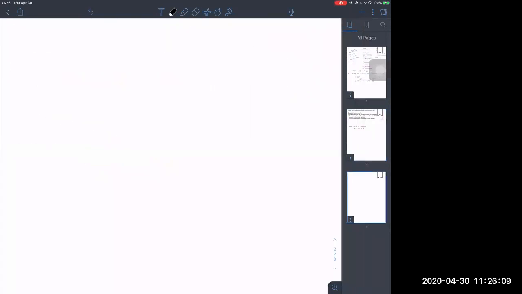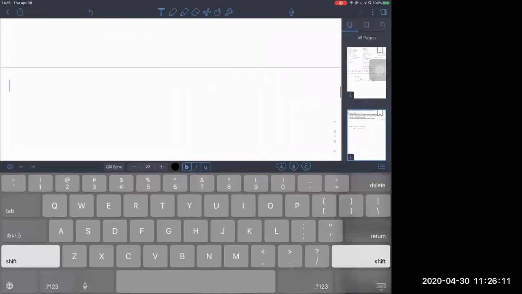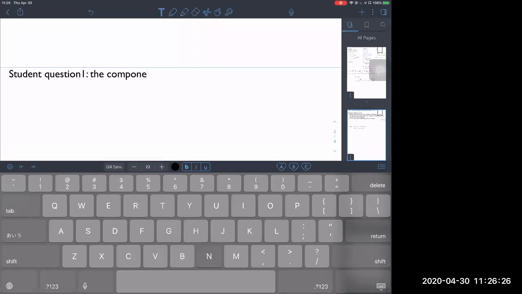But here, the first question was, okay, so I'm going to say student question 1. The components or pieces are either future or present value.